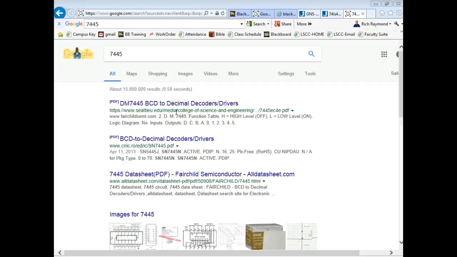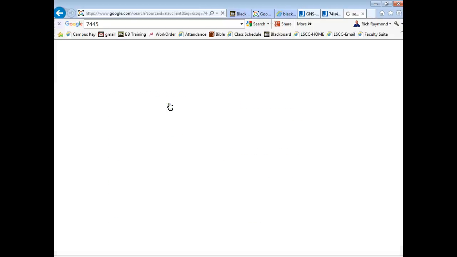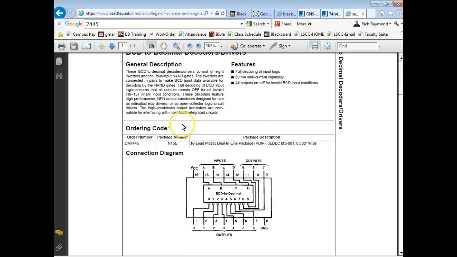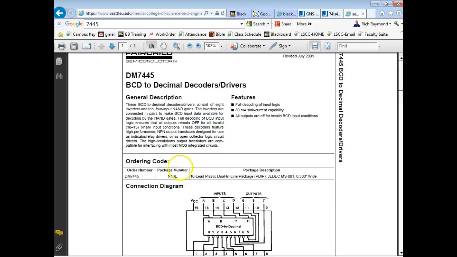So that's a BCD to decimal decoder driver. So this is what happens most of the time when you go to these data sheets. They want to get information. Oh, there it is. So I'll go ahead and download this.